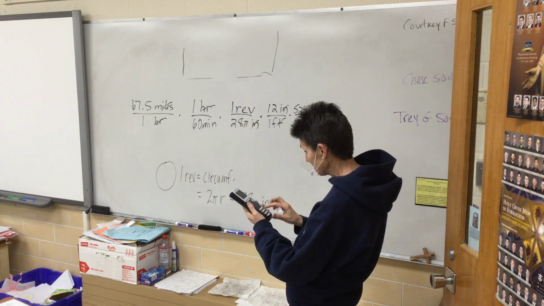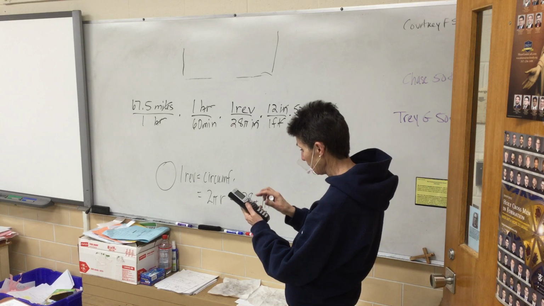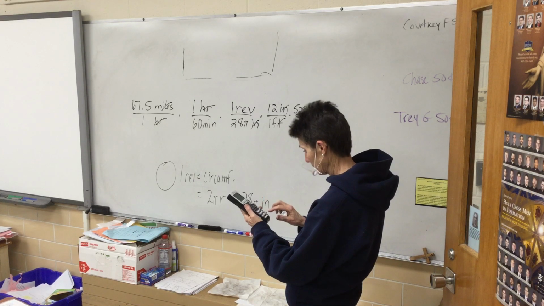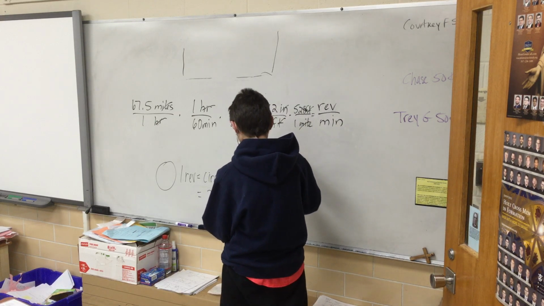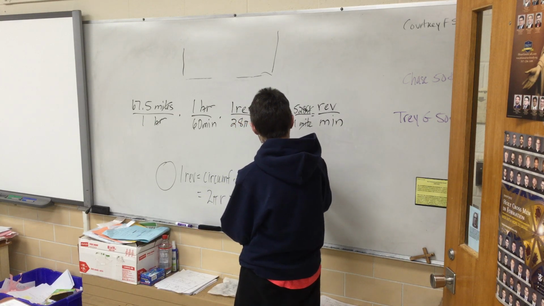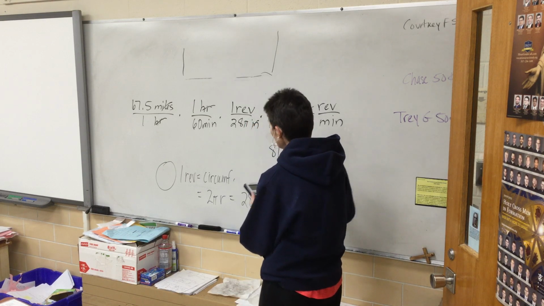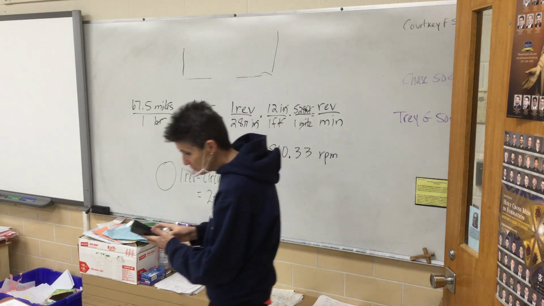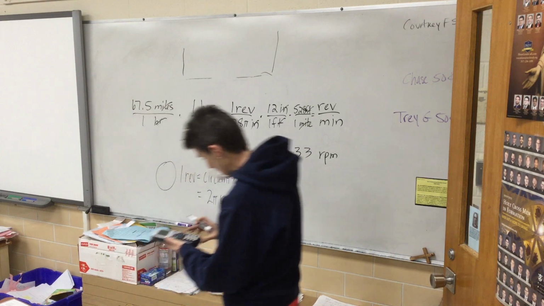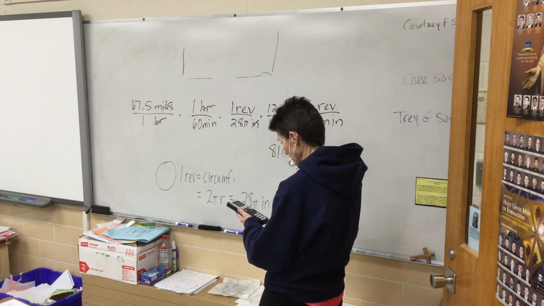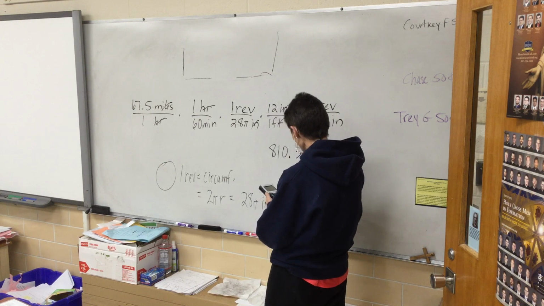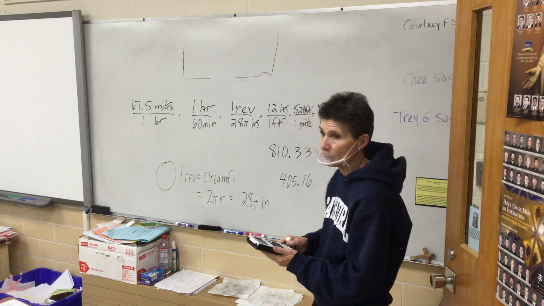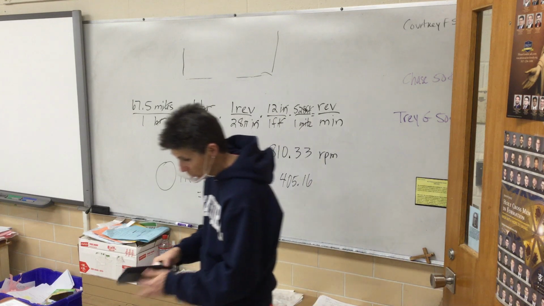So I'll divide by 60 times 28 pi. And I got 810.33 revolutions per minute. So if you got half that, if you have 405.16, I want you to turn your paper back in so that I can give you your points back, okay? Now we'll do one more.